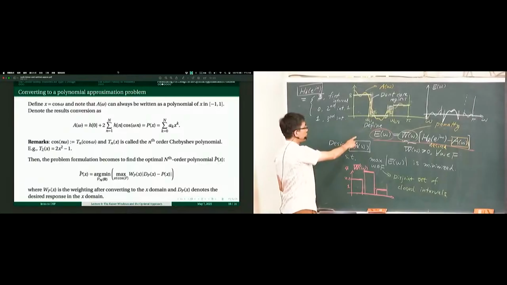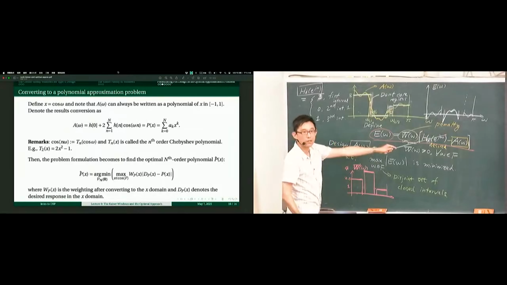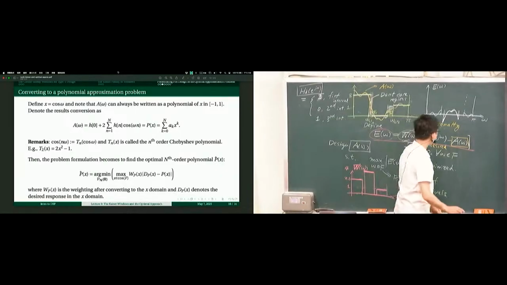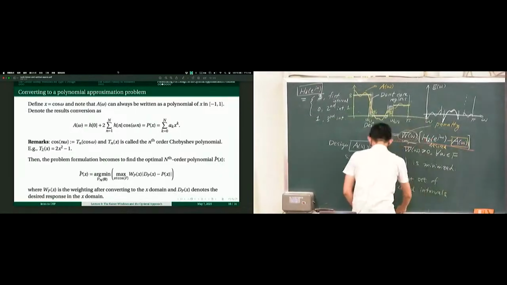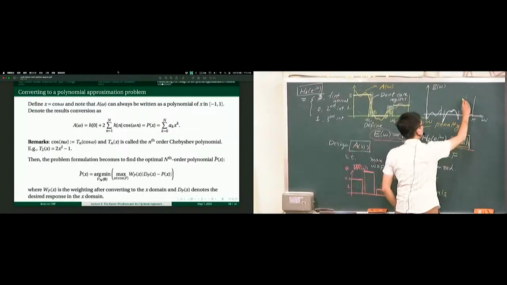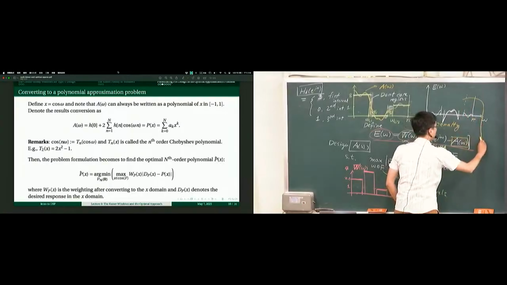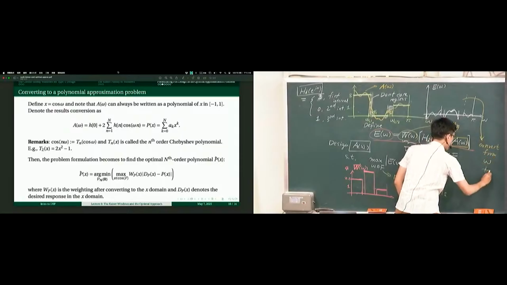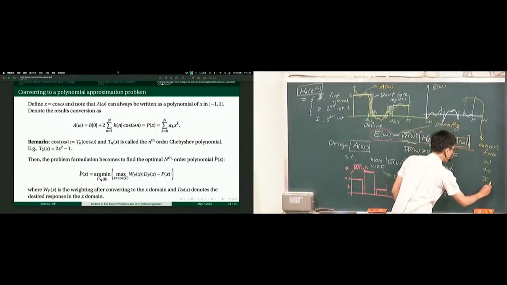So one thing we still need to do is convert from omega to x. That hasn't been done yet.